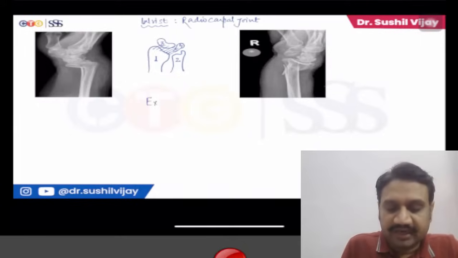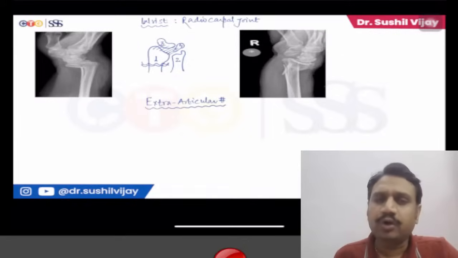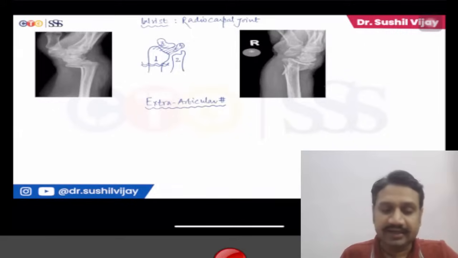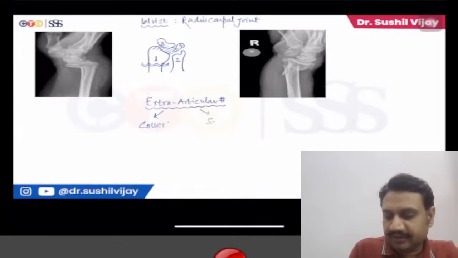The fractures which are away from the joint area, like here, if this is the fracture line, are called extraarticular fractures, because they are away from the radiocarpal joint. What fractures do we know in this extraarticular category? We have only two: one is Colles, and the other one is Smith.